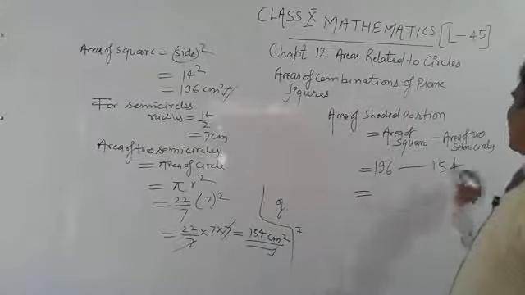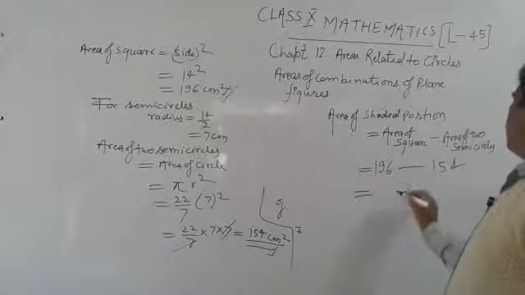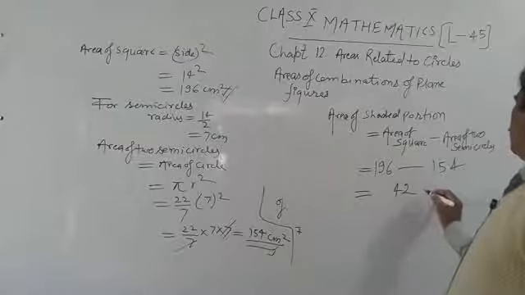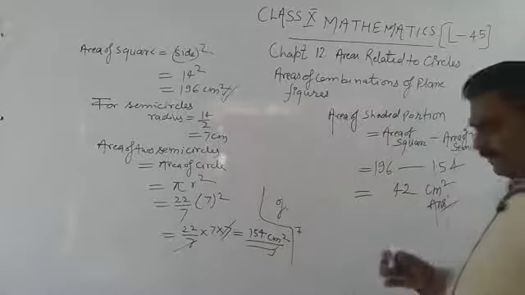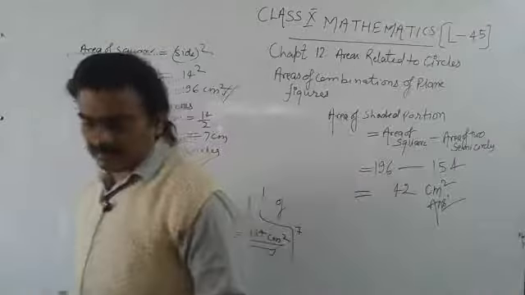After subtracting, 6 minus 4 is 2, 9 minus 5 is 4, and 1 minus 1 is 0, so 42 centimeter square. So I think students this is your answer. Write the solution after pausing it.